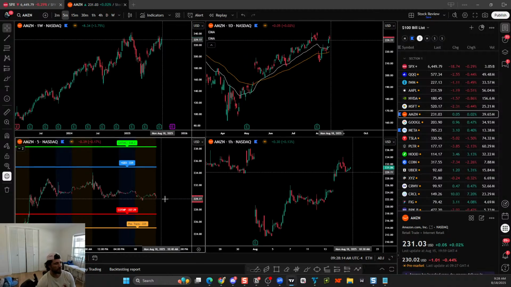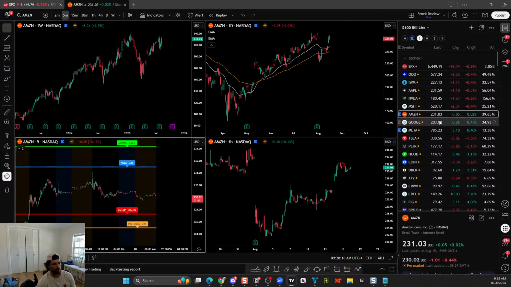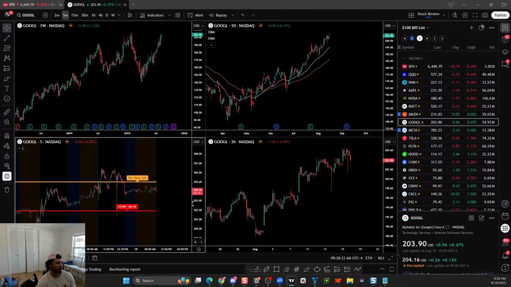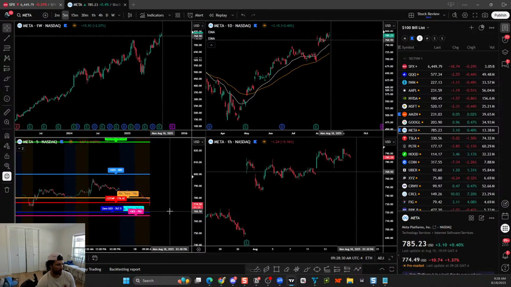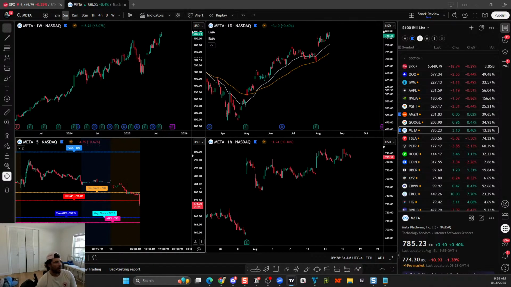It's above P-trans, but risk to reward is 1-to-1 up to plus GEX. Google, same thing, consolidating near all-time highs, below P-trans right now. Meta was another interesting one, although it looks like it just sold off in the pre-market. But yeah, I want to see that get above P-trans.